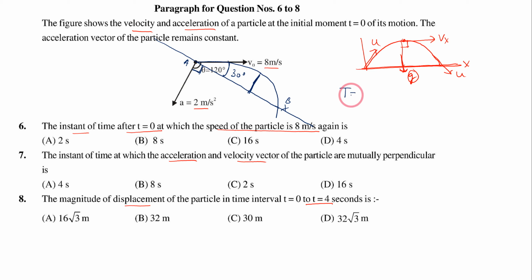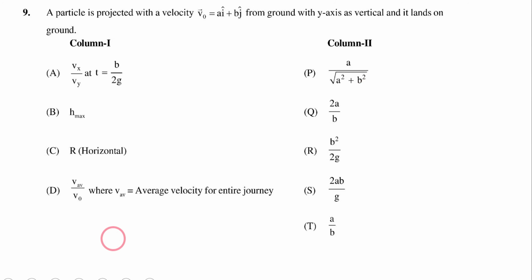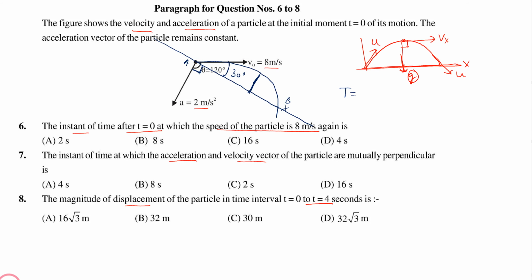So for the formula of T, we will keep the same formula, that is 2 into u sin theta upon g. In place of g we will use a, right, and theta will be your 30 degrees. So just simplify it.